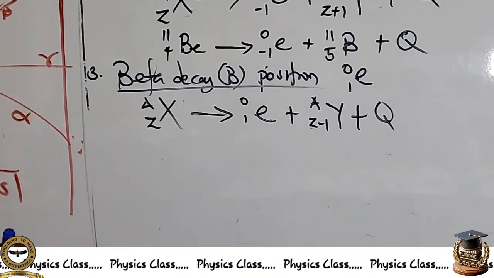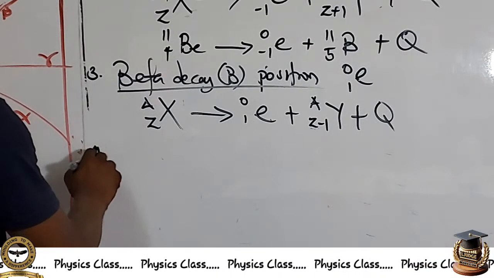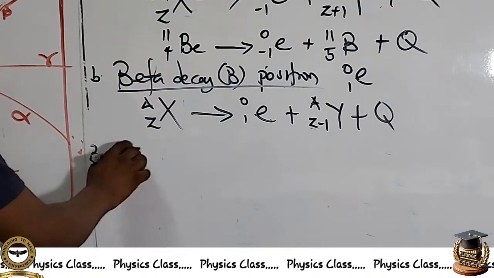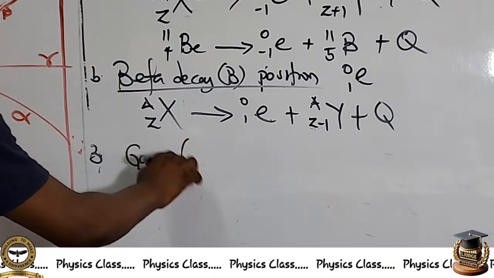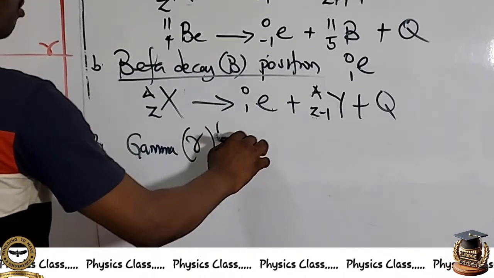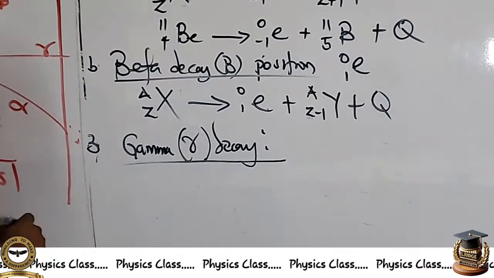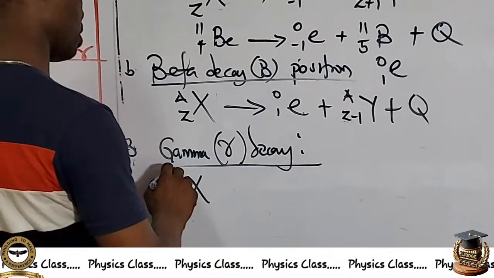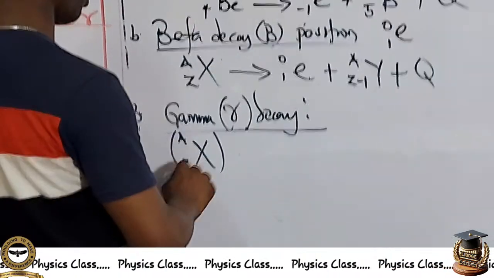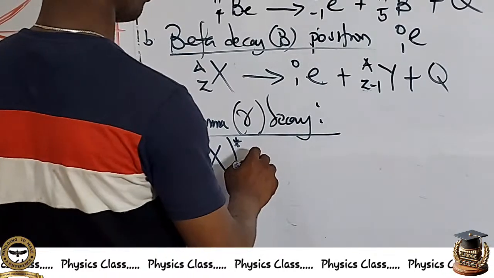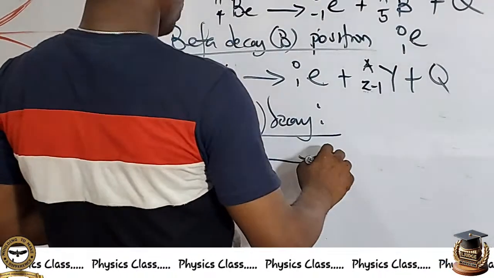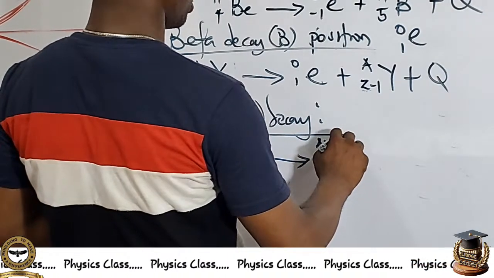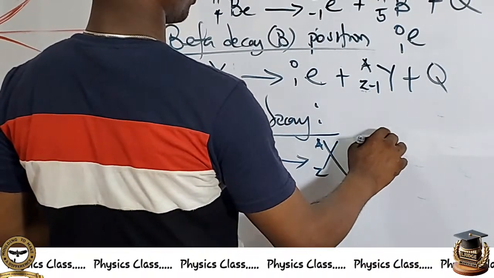Then we have the gamma decay. Please let me say this one is 2b, this is 3. For the gamma decay, let's say this is the parent nuclide, excited. It gives us back the daughter nuclide, now normal, but with emission of radiation.